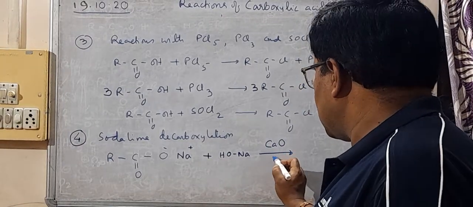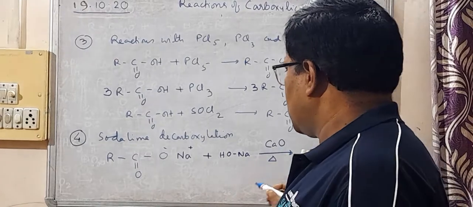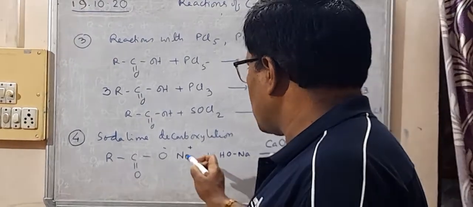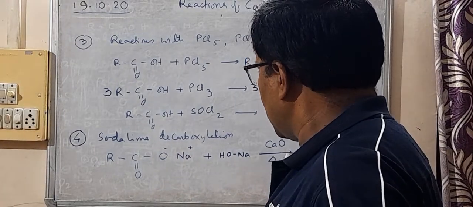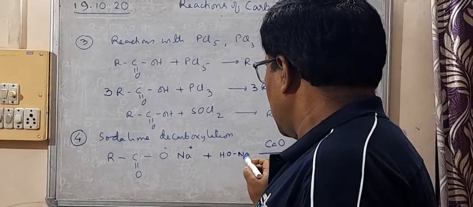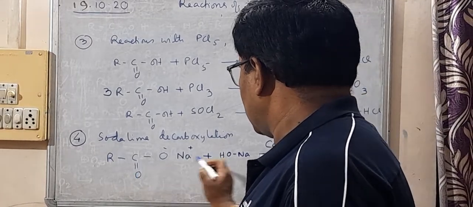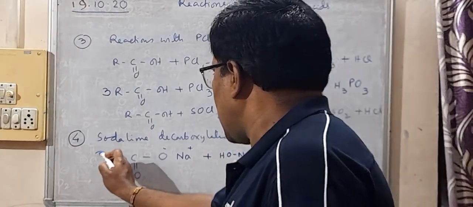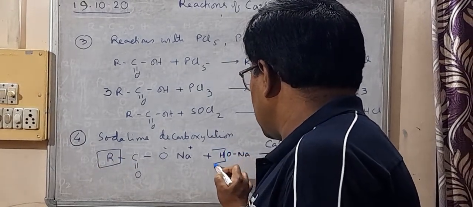If it is heated strongly, then there is loss of sodium carbonate, or actually loss of carbon dioxide. And in the loss, this R part gets attached to hydrogen.